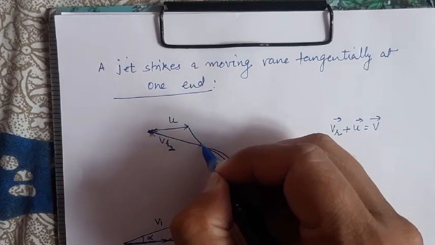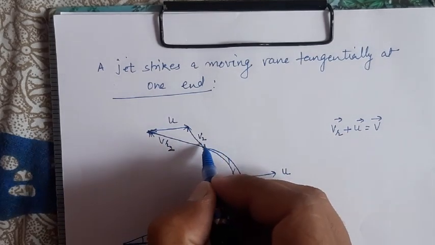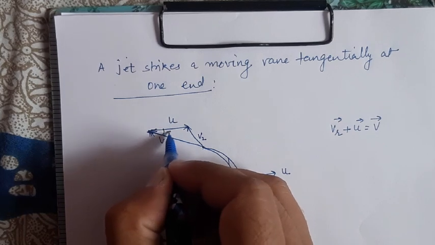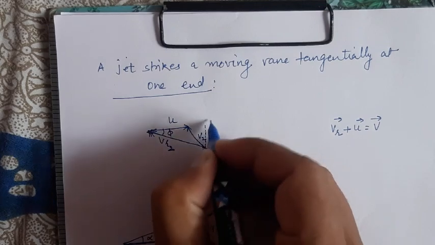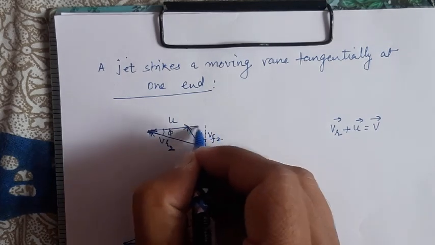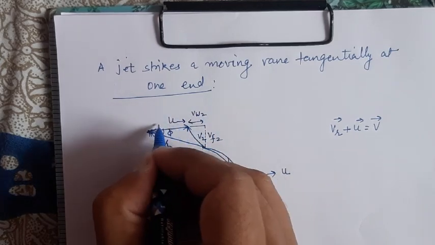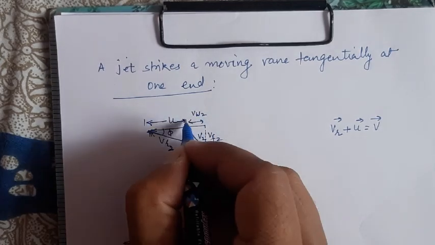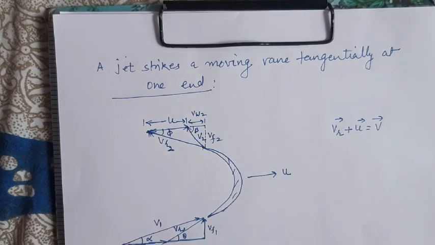This will represent the absolute velocity v2 at exit. Again, this angle is phi, the blade angle at the exit. Two components of v2 are there, vf2 and vw2, and this is u again. So that's what we have understood. This angle is beta.